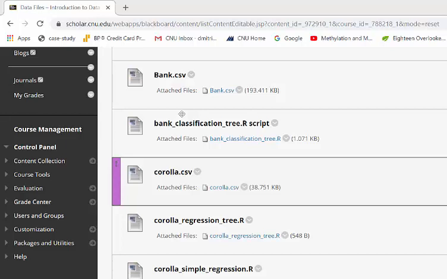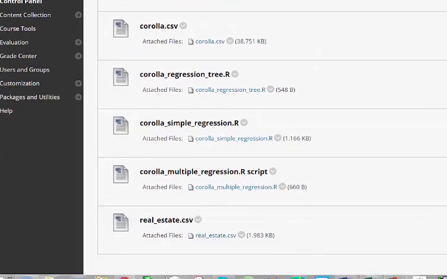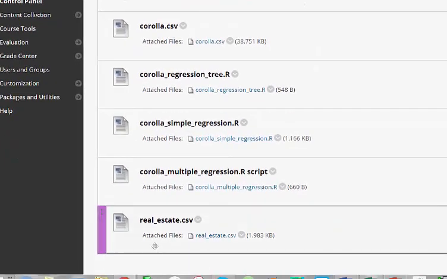In the data files on Scholar, I've posted the file called real estate, and in the previous class at the end we discussed that houses can be priced according to many different predictors, right? So a lot of factors can affect the housing price.